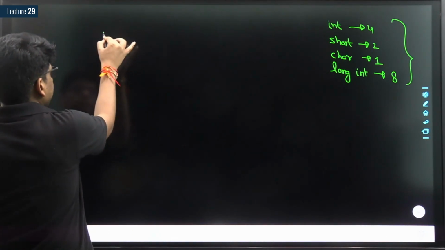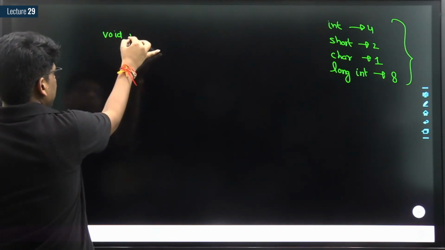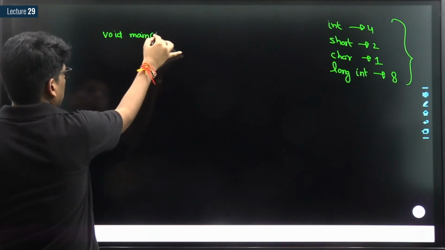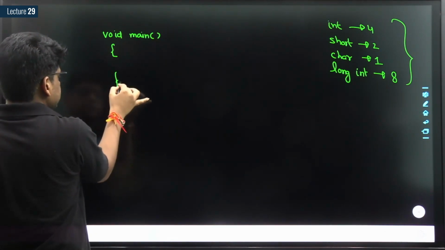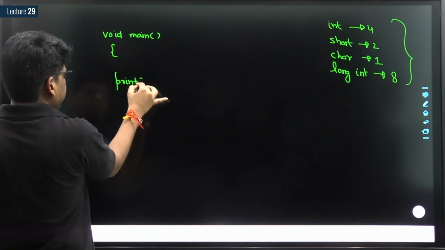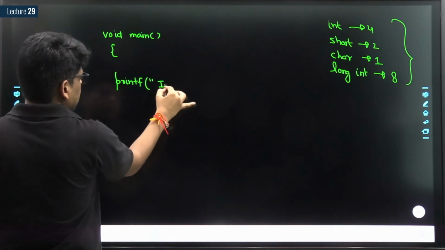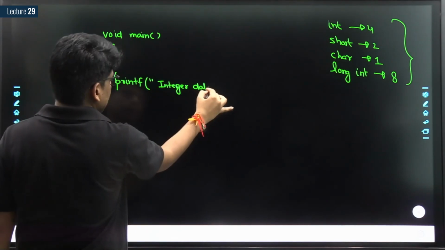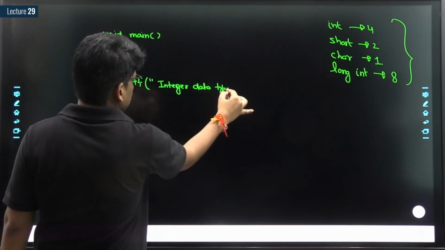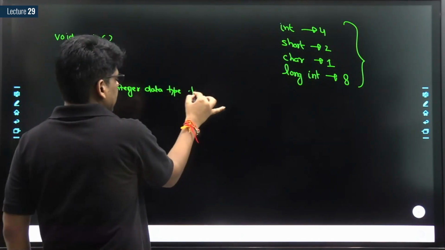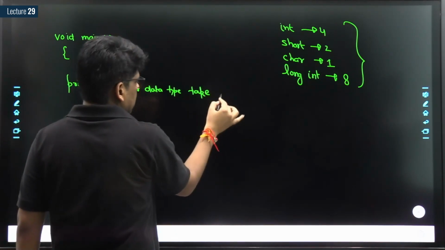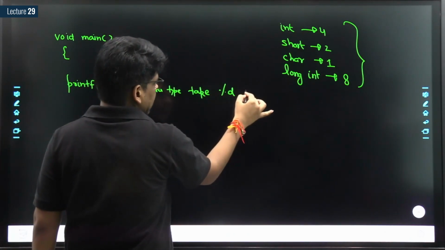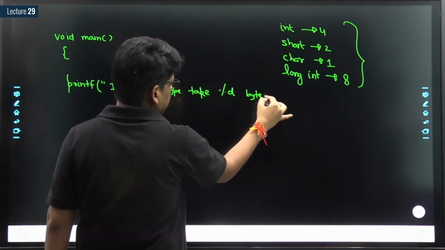Sir, void main, printf, integer data type takes %d bytes.